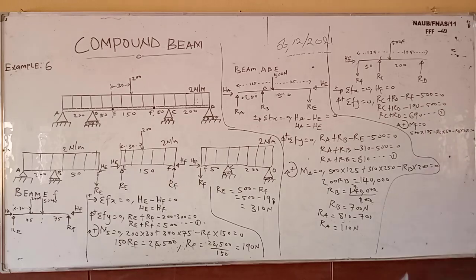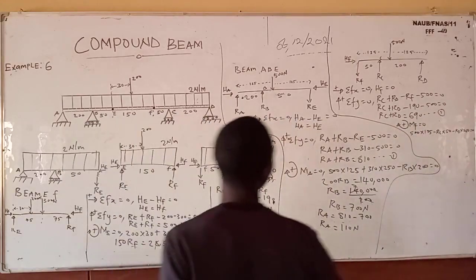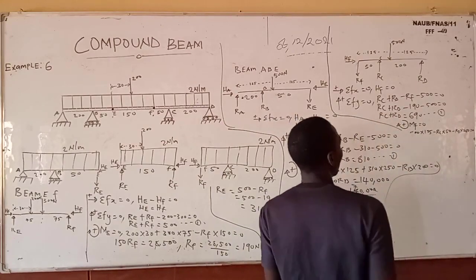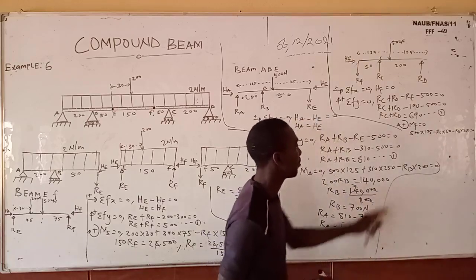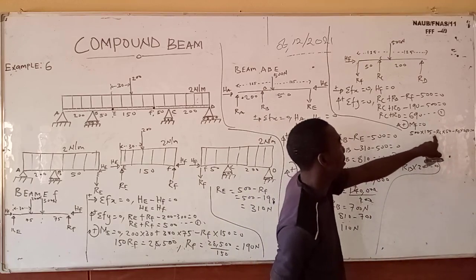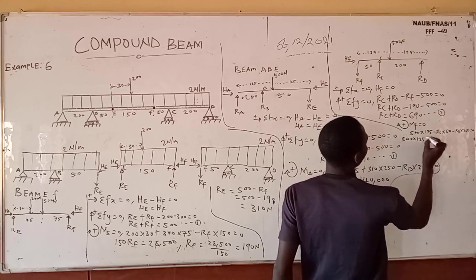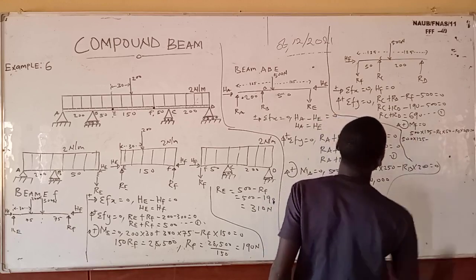I hope you can see this. So let me clean this part. Let me clean this line here. Okay, so this is 500. So now it's going to be 500 times 125 minus ROC.